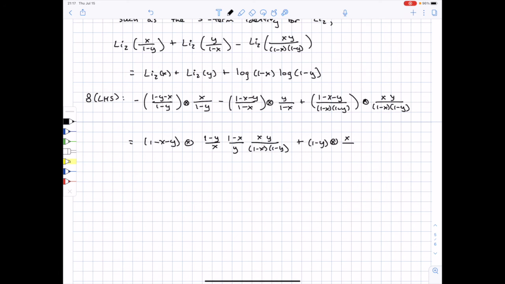So we get two factors, x over 1 minus y, 1 minus x, 1 minus y over xy, accounting for signs, and then finally plus, sort of the same thing except with x and y exchanged. So that would be y over 1 minus x, 1 minus x, 1 minus y over xy.